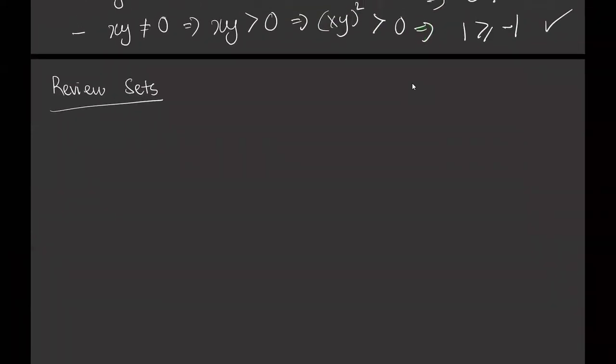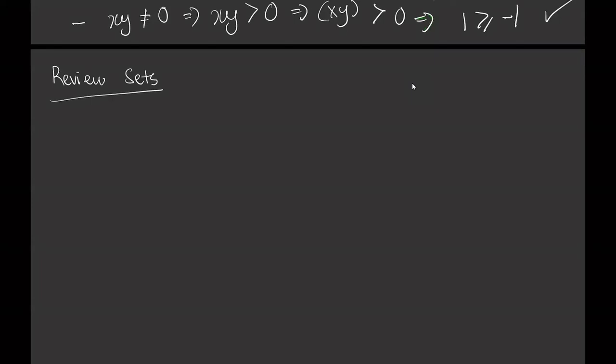So I want to review sets because it is kind of the main topic for the course. You will see that until the final chapter as well. So there are a few common sets that you have to remember. The first one is N, which is the set of natural numbers.